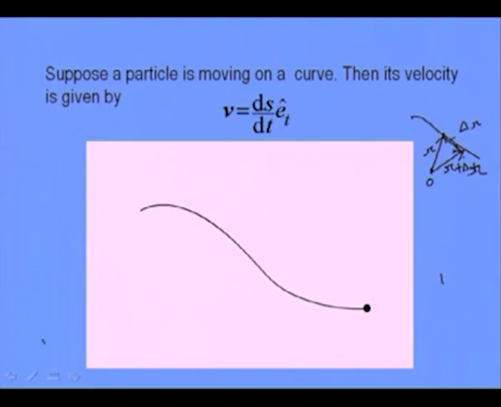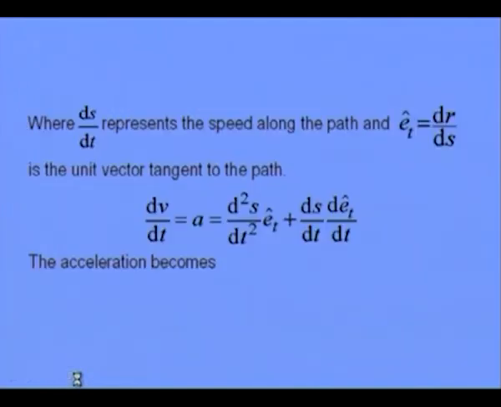So, therefore, the velocity of the particle is given by v is equal to ds by dt et, where et is the unit tangent vector. Now, ds by dt basically represents the speed along the path.